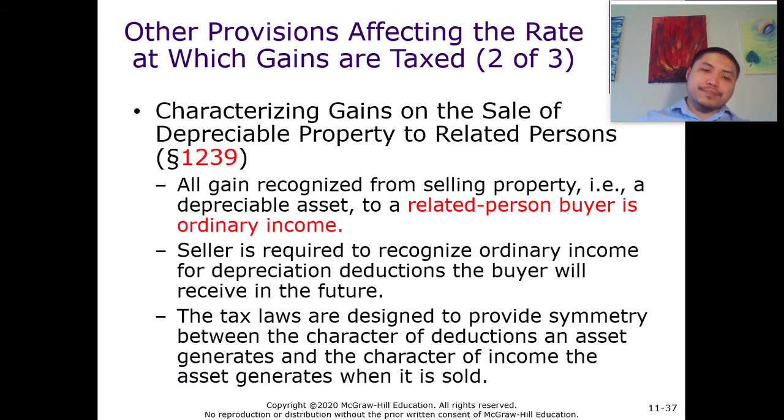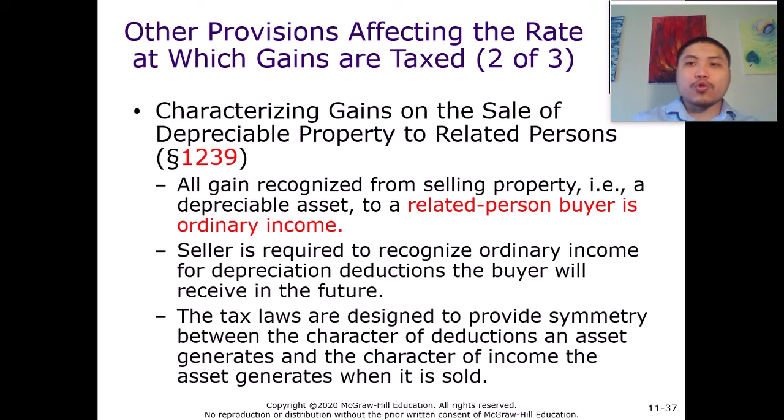And the seller is required to recognize the ordinary income also for the depreciation deductions that the buyer will receive in the future. So this is a bit different from the depreciation recapture rule. The depreciation recapture rule says that the seller is going to recognize the depreciation deductions that they already deducted in the past as ordinary income, right?